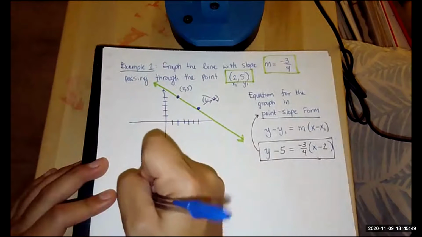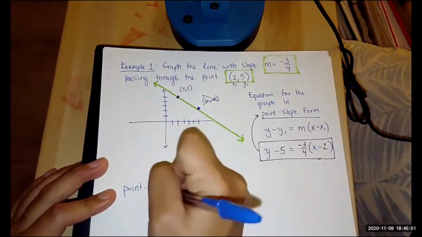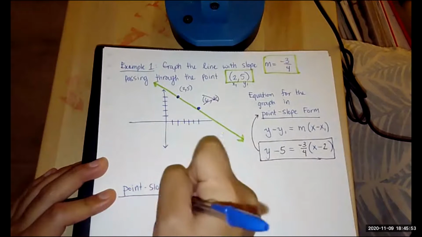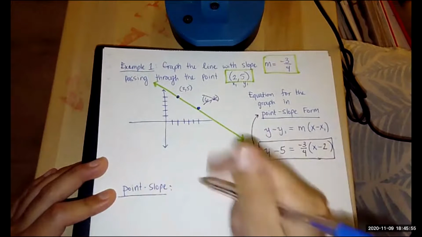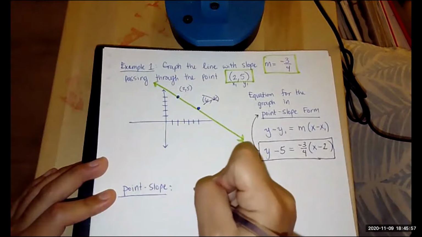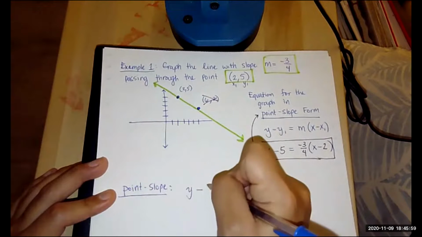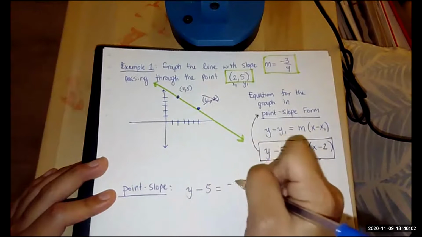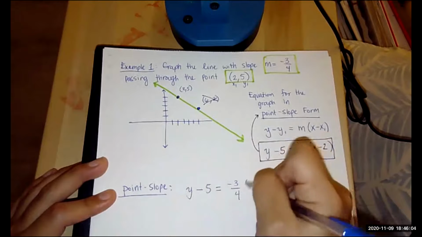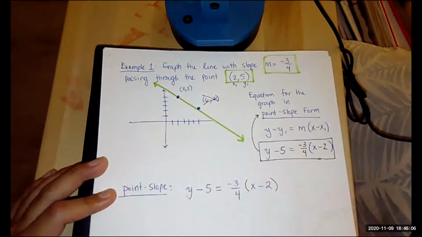So the point slope form is something that we can now find just by plugging into this format, and we have y minus 5 is equal to -3/4 times x minus 2.